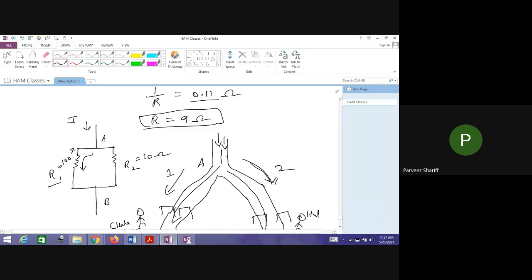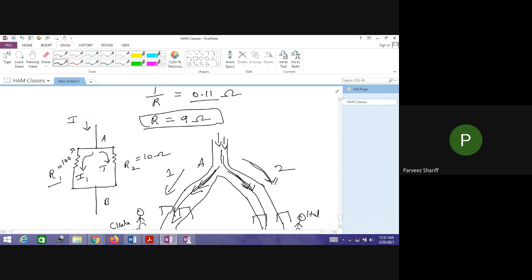So what happens here? The traffic gets divided, correct? Whatever traffic went through this, can you expect the same amount of traffic here? If there are 5 vehicles, if 3 vehicles went this way, then 2 vehicles went this way. You cannot say all 5 vehicles went across the same route. It has to get split up. So when two resistors are in parallel, the current gets split.